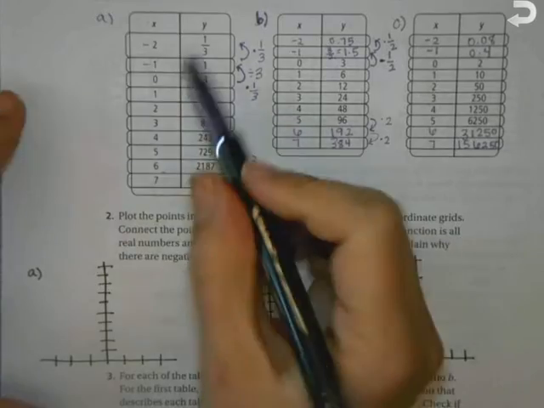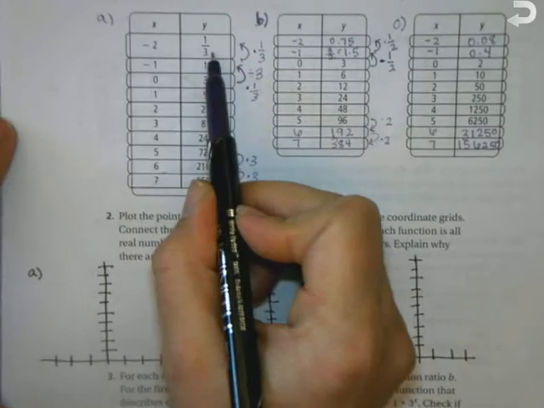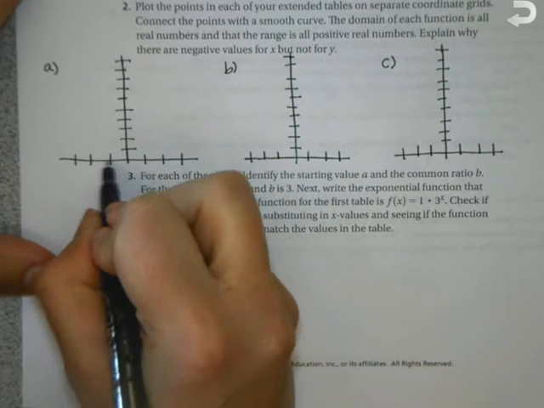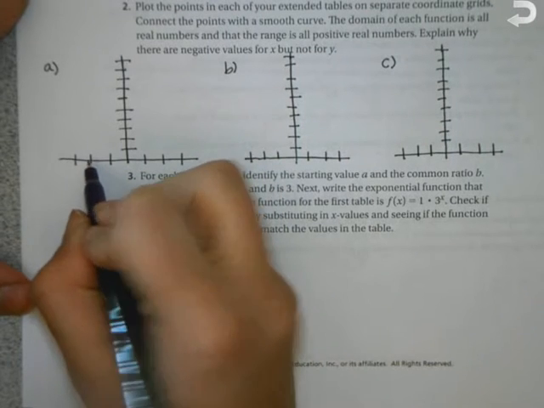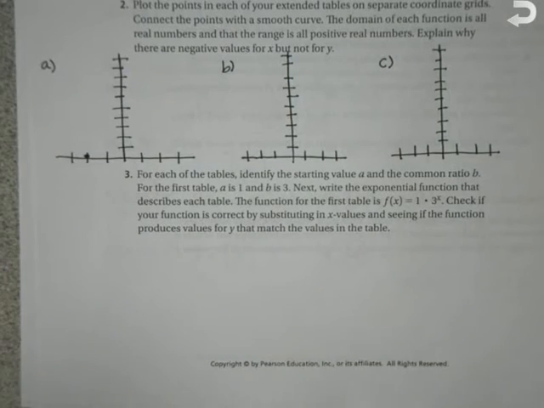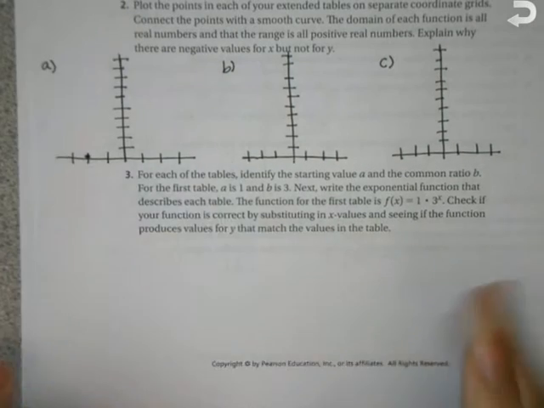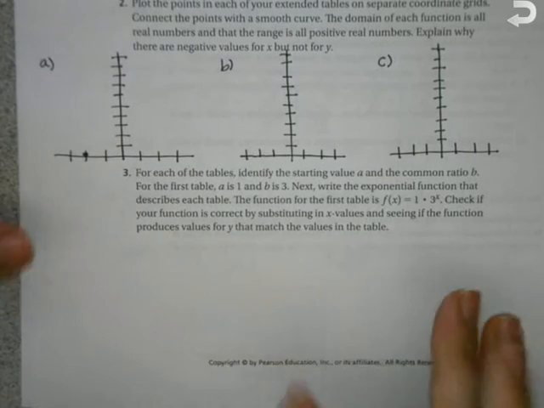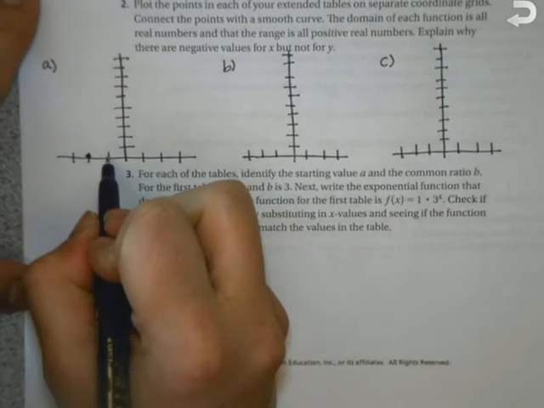Now, can we do -2 and 1/3 on there? Yeah, we can. -2 is left 2 spaces, and 1/3 means 1/3 of the way up. So not quite to the 1 mark. The next value on the table was -1, 1. So -1 up 1.